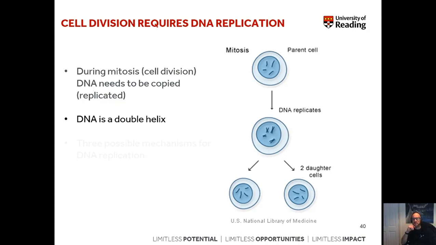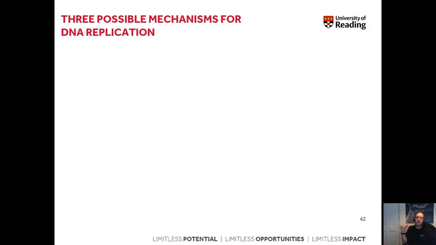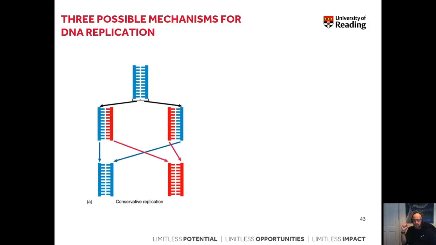Because DNA is a double helix, there are three possible mechanisms for DNA replication. Again, double helix means that our DNA is composed of two different antiparallel strands. So, replication could be a conservative replication.